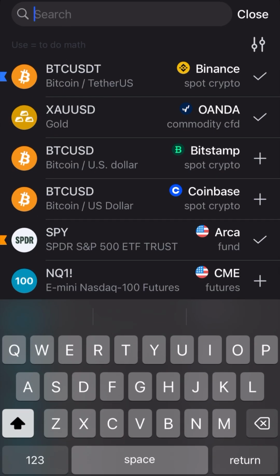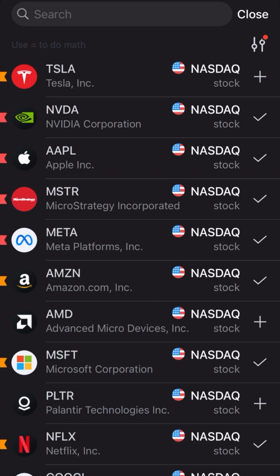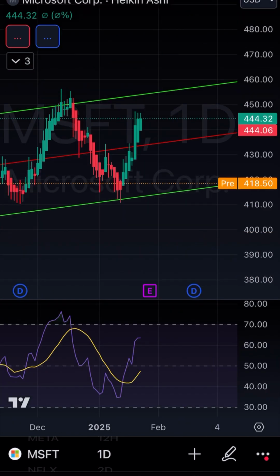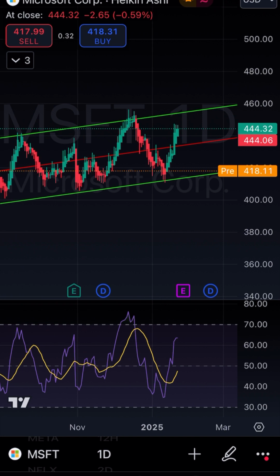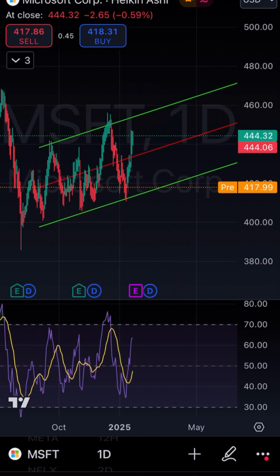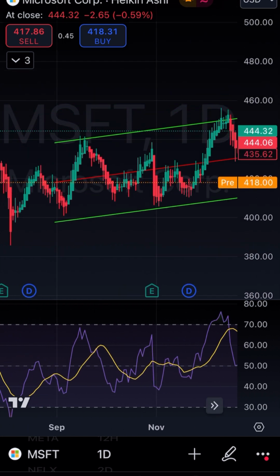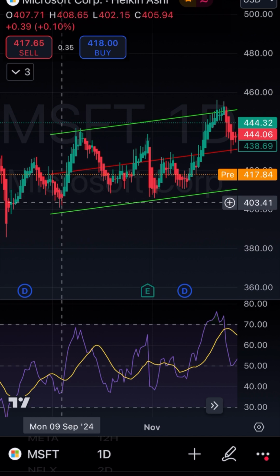So let's look at a couple other ones real quick. Let's look at Microsoft. Okay, so is this an uptrend for Microsoft? We are in an uptrend, so basically what you want to look for is the candle getting as close to the bottom as possible.